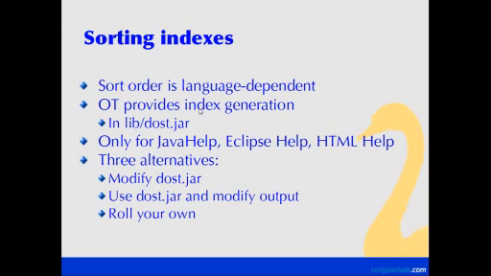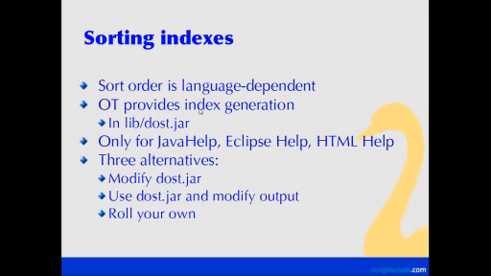So the Open Toolkit actually provides, through the dost.jar, DITA Open Source Toolkit.jar, routines that provide our index generation. Now these routines are actually only used by the Java help, Eclipse help, and HTML help transformation types.